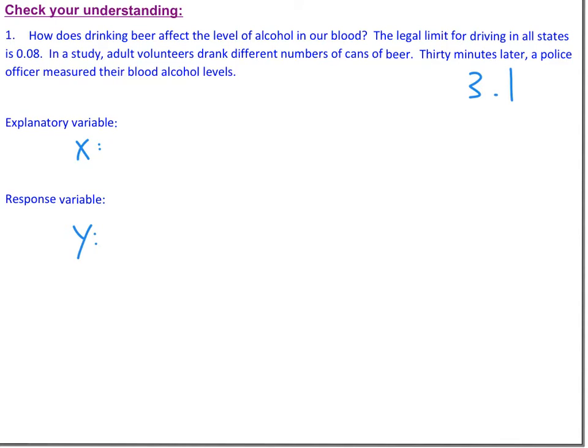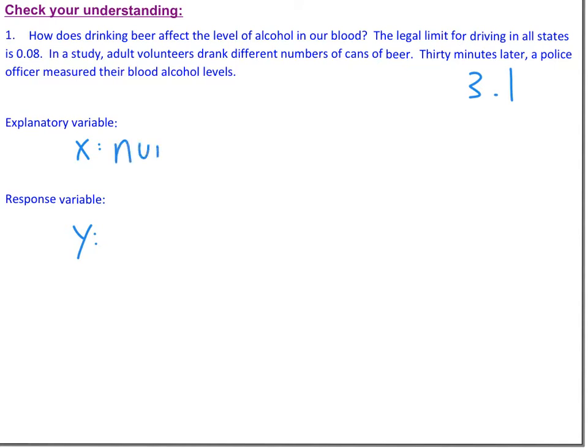Okay, kind of a funny example that our book shows. I shouldn't say funny, kind of an important one too. These two things fit the criteria of explanatory and response, and it's been studied and analyzed in how legal limits on alcohol consumption are set. We don't need to get into all that, but we do want to identify the explanatory and response.